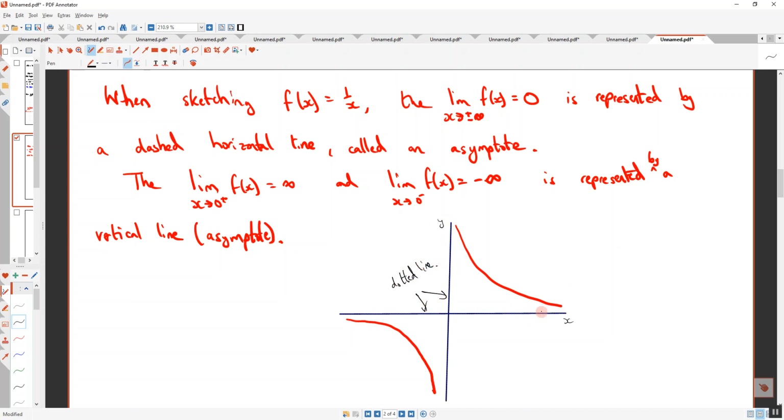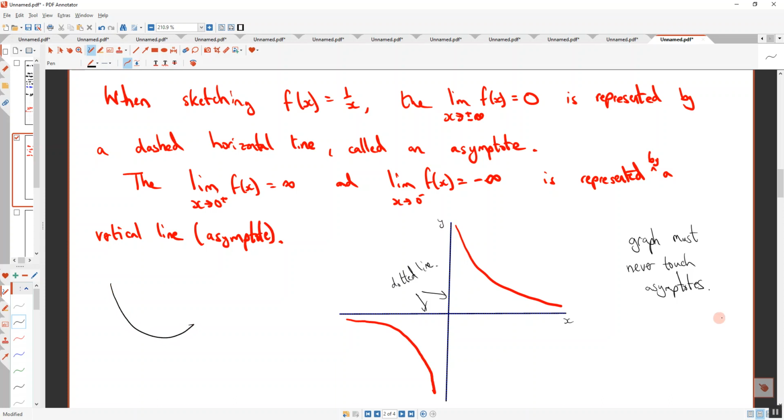Also, when you're drawing these, you never want to have your graph touching the asymptote. You will be expected to draw these, so your graph must never touch asymptotes. If it does, you lose marks, even if it's by mistake. Your graph must also never look like it's going to come back up again either.